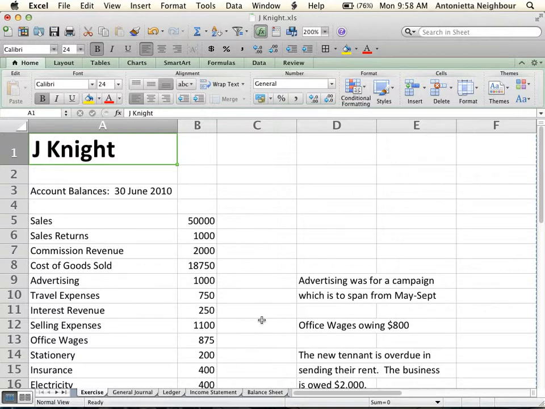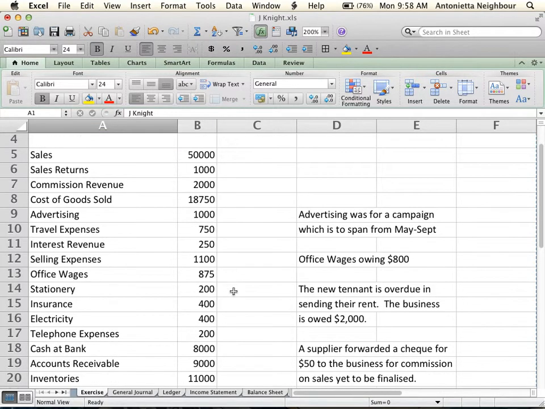Okay, so the first one is advertising was for a campaign which is to span from May to September. The end of the accounting period is 30th of June, and it's suggesting that my advertising figure, which is 1,000, was paid for a campaign which goes from May, June, July, August, September. So how many months was that? 5 months.